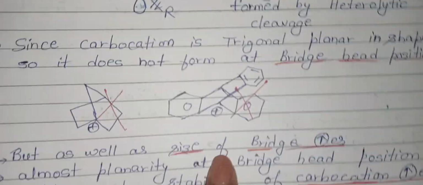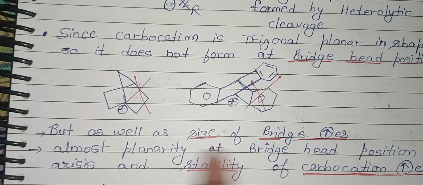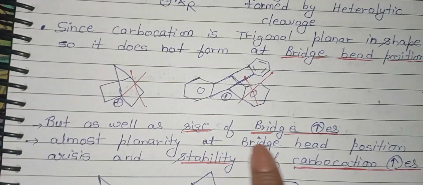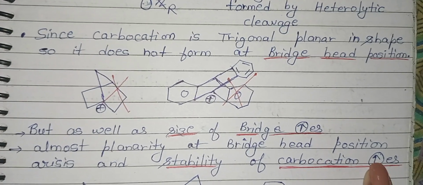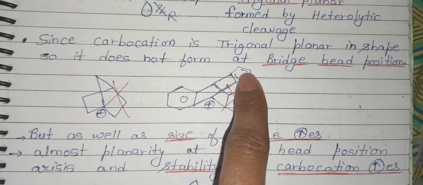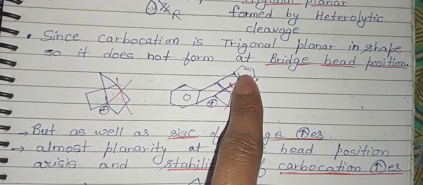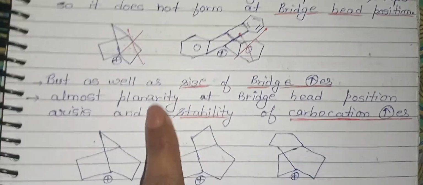As the size of the bridgehead increases, almost planarity at the bridgehead position arises and the stability of the carbocation increases.